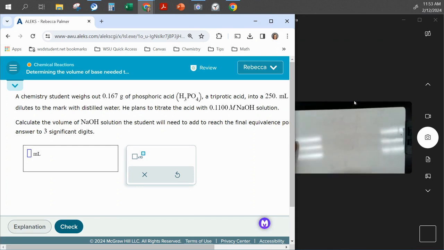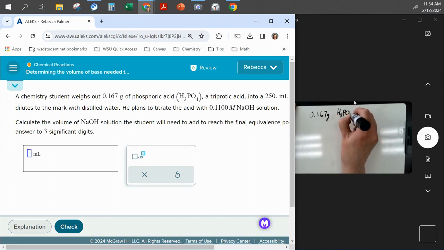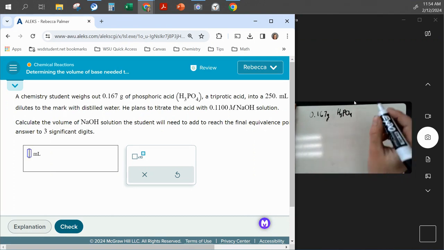Okay, so for this one, they give us a mass of acid. This acid, they're going to give us the formula. We don't have to memorize it. This one is phosphoric acid, H3PO4. And then we are going to also use this value.